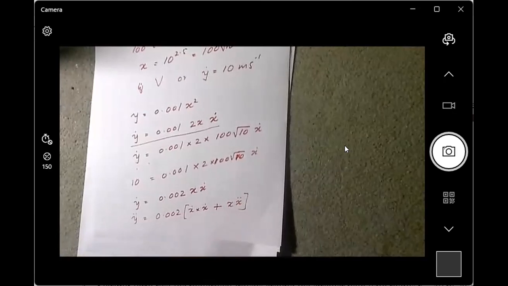From this one, y dot is a constant, so this part will be how much? 0, and everything else you already know.